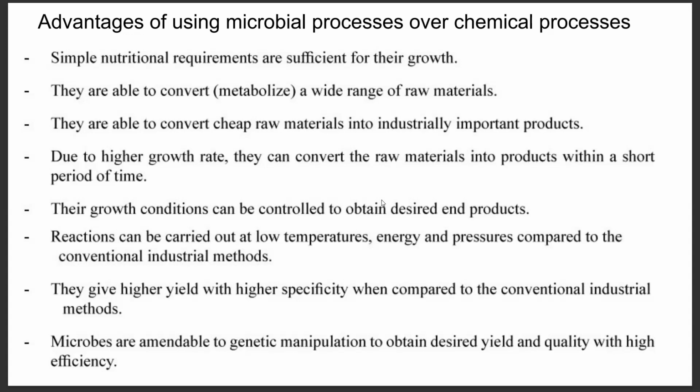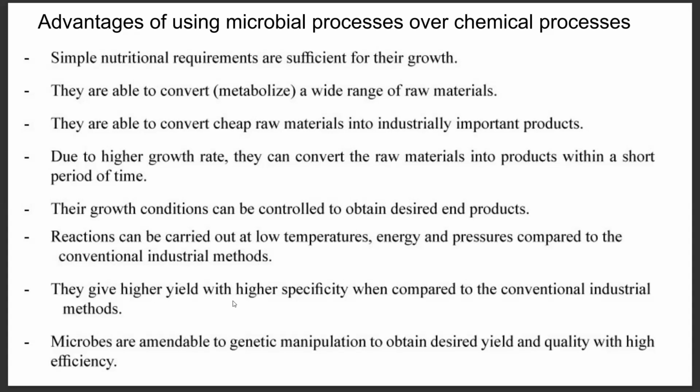So there, if we stop the further oxidation of ethanol, right? We can obtain ethanolic alcoholic products. But if we let it oxidize further, then we can obtain vinegar. Reactions can be carried out at low temperatures, energy and pressure compared to the conventional industrial methods.